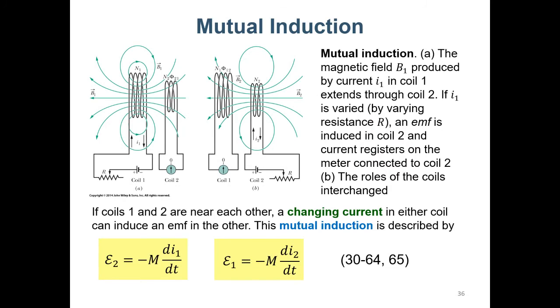Okay, so here we talk about the mutual inductance. So let's consider figure A first. So we have a battery here. We have a resistance here. So there will be current going like this.